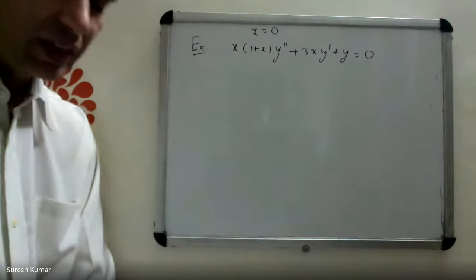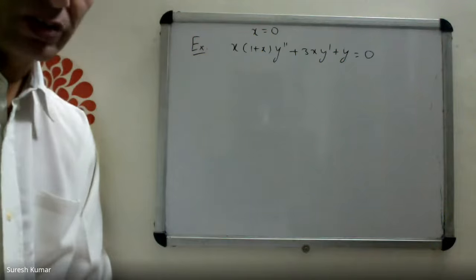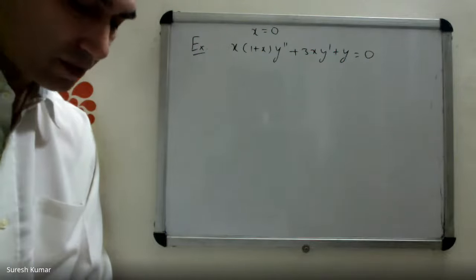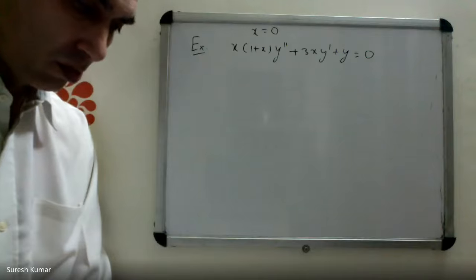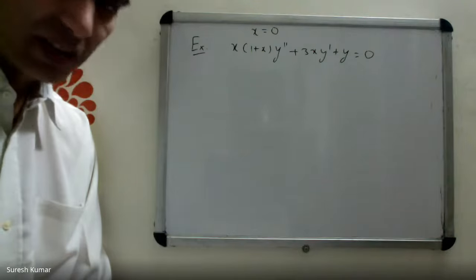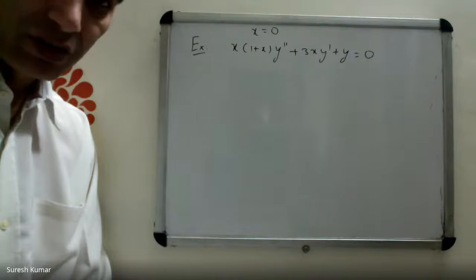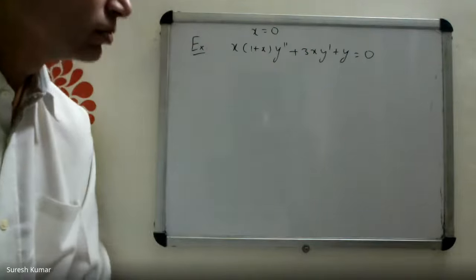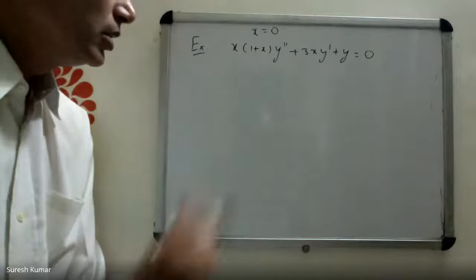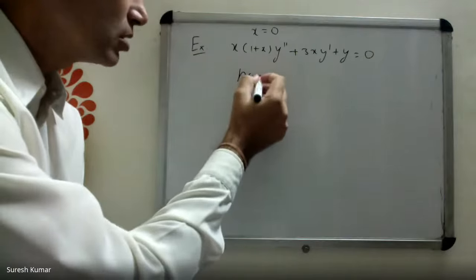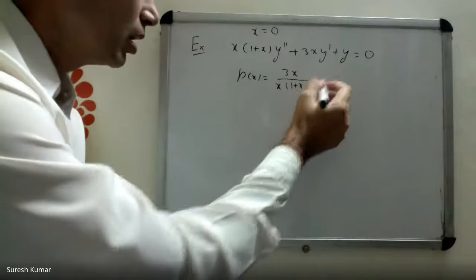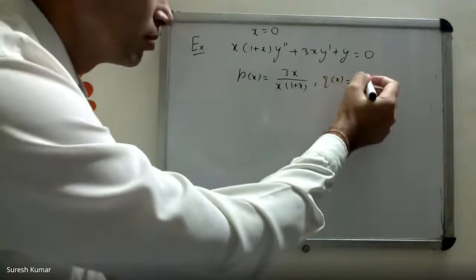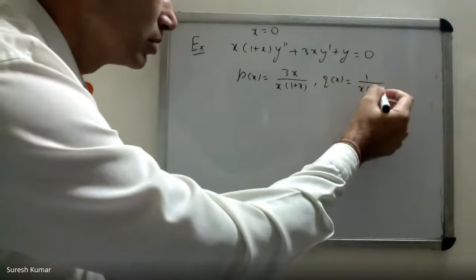First, you should check whether it's a regular singular point of the differential equation. Is x equal to 0 a regular singular point of this differential equation? Yes, sir. Yes, because here p(x) is 3x over x into 1 plus x and q(x) is 1 over x into 1 plus x.